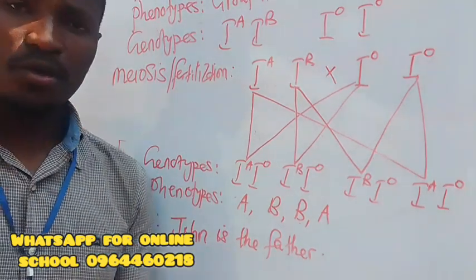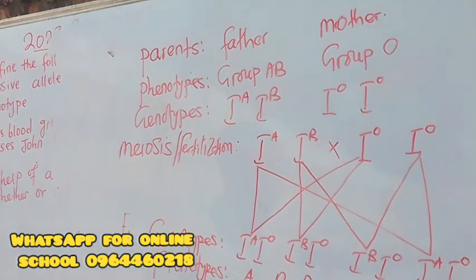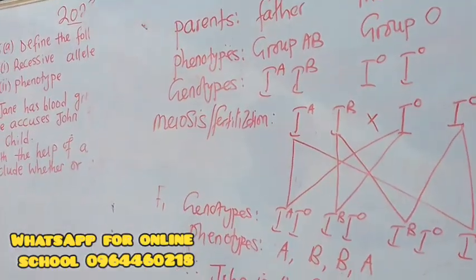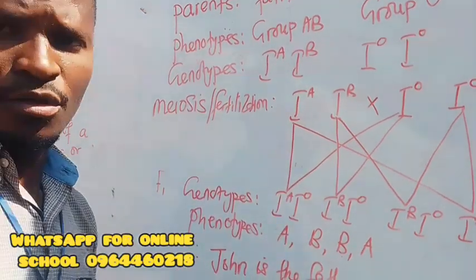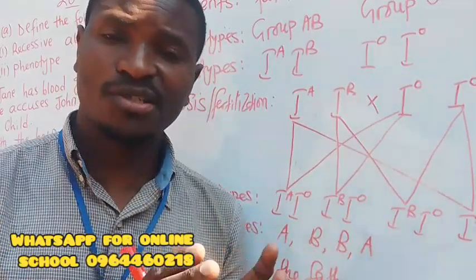So based on these results, we can say John is the father of this child. So that's how we go about approaching this question under genetics.